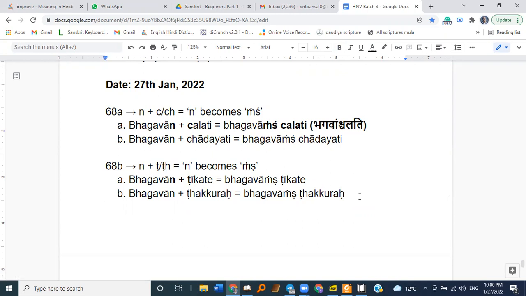So 68b and the last part of the sutra. If we have Na Rama followed by the Ta or Tha Rama, then what does Na become? Na becomes Vishnu Chakra followed by the dental sa, Dantya sa.